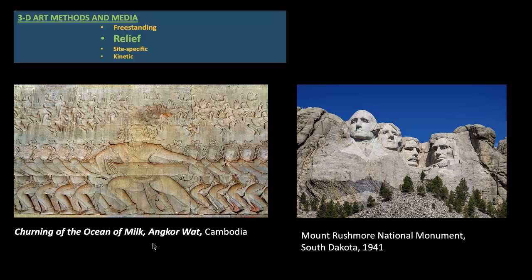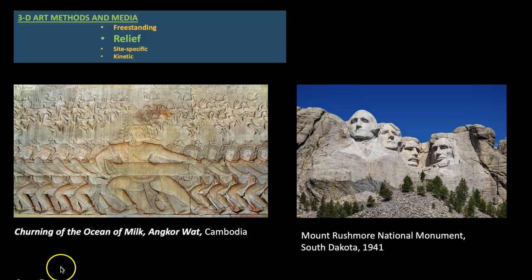That can be done at an enormous scale as well. Many of you are probably familiar with this American national monument called Mount Rushmore in South Dakota. It is a tribute to 4 American presidents that you may recognize, and an example of a sculptural relief that has been carved on the face of a cliff of this particular mountain. So, two examples of sculptural reliefs.